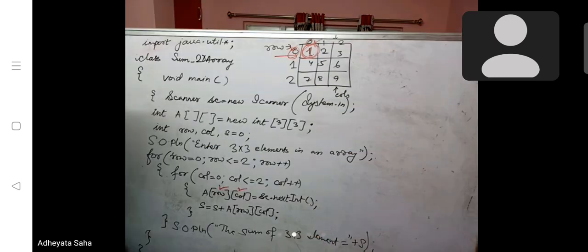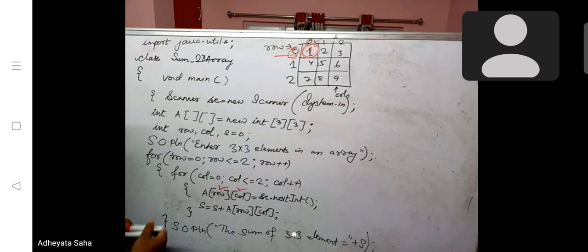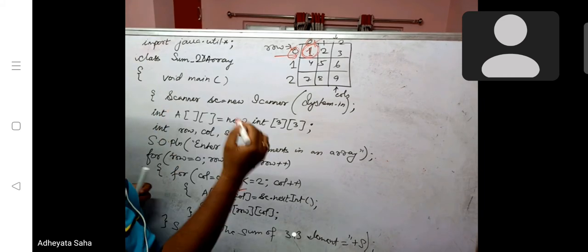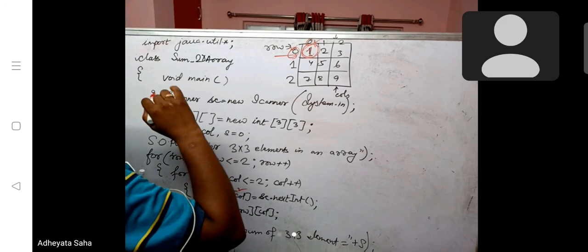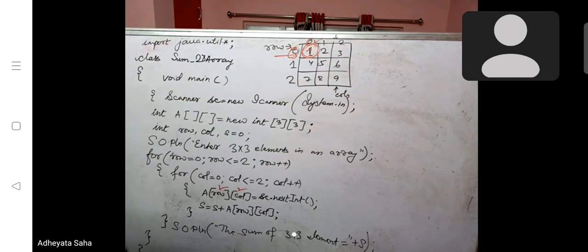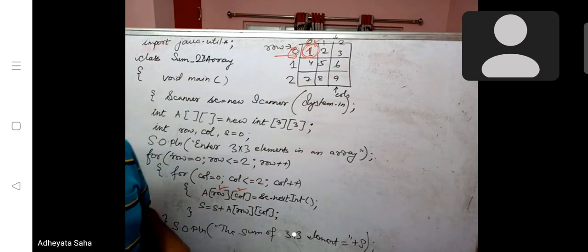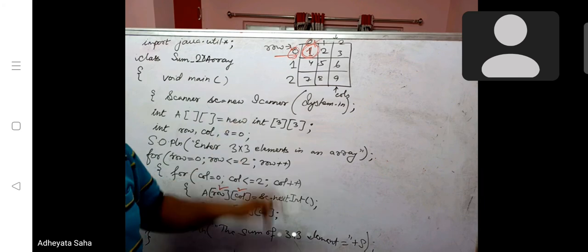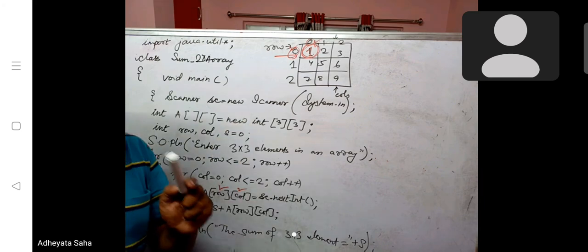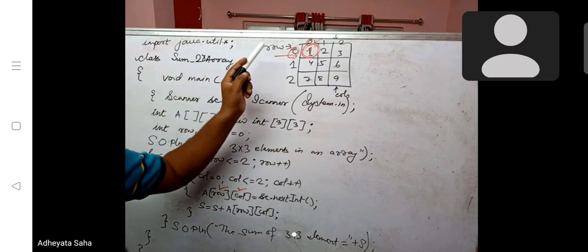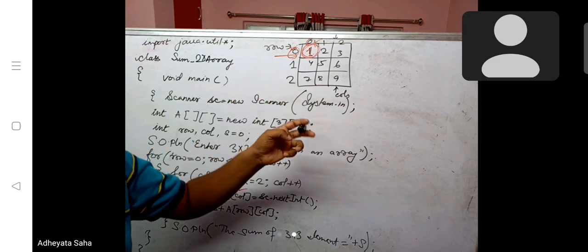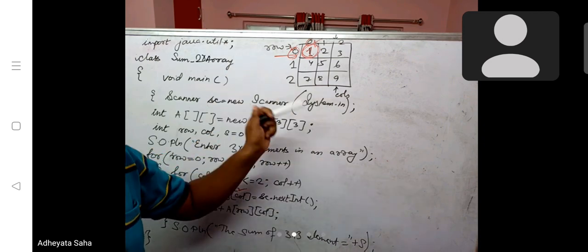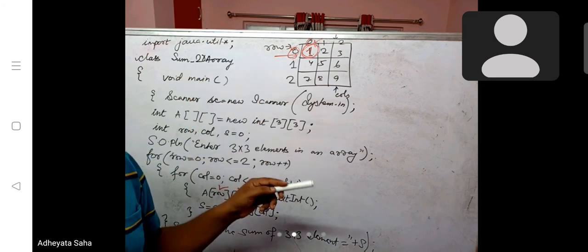Suppose I want to add the sum of each row wise. I want to calculate the sum of a two-dimensional array. Remember the question: enter the values of a 3 cross 3 array and then calculate its corresponding sum.